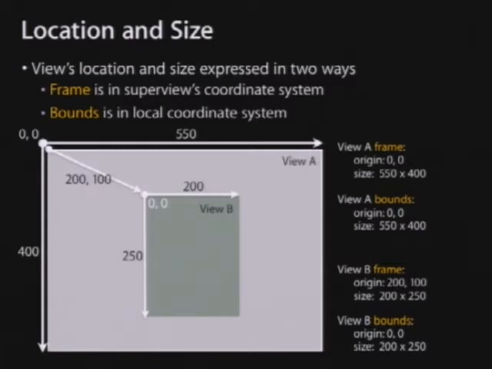One question I've heard brought up before is, does bounds always have to start at 0, 0? The short answer is no, because you can crop a view and stuff like that, and it could still have bounds. But without worrying about that, those are the 2 things you have to know. The frame is a view with respect to its parent, and the bounds is the rectangle with respect to itself.